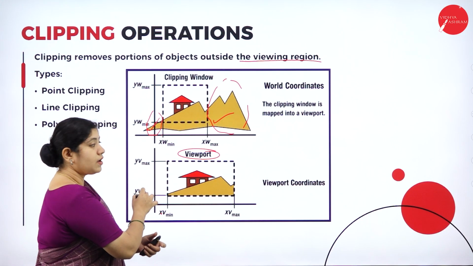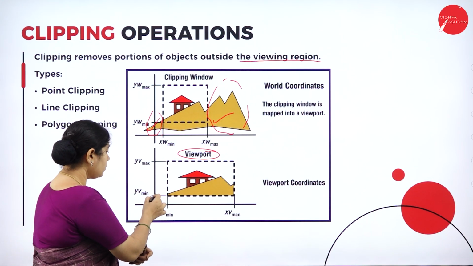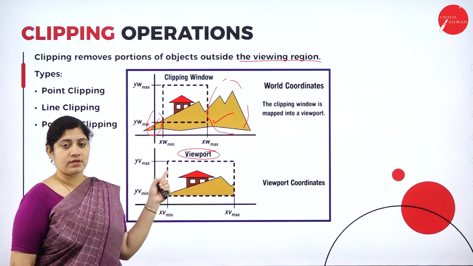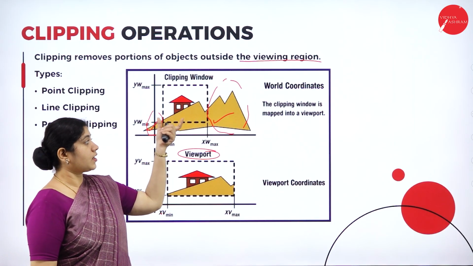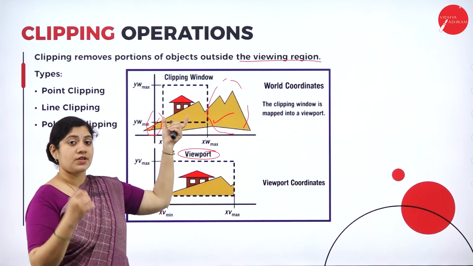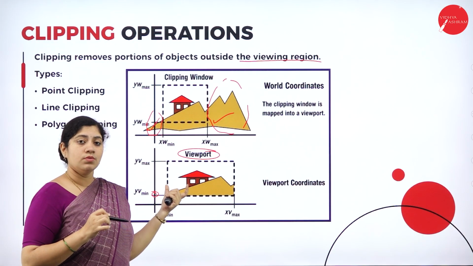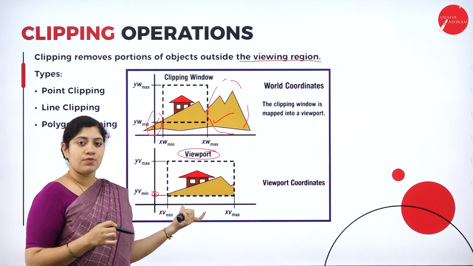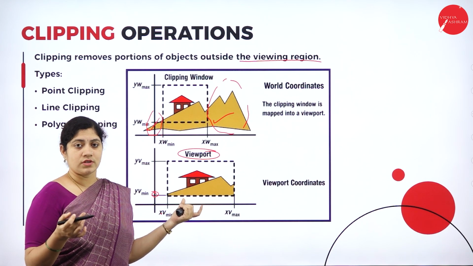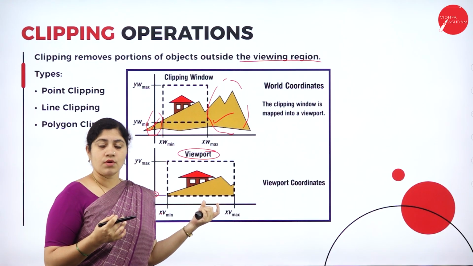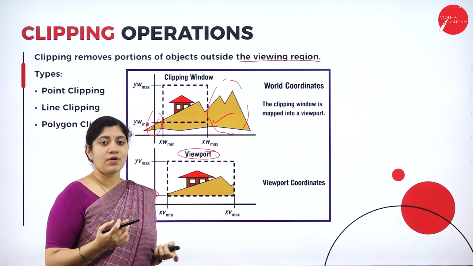Similarly, y viewport minimum and y viewport maximum. So these are the points. So we are converting an object that is present in a window to a simple viewport and making it clear to the observer. And what is the technique that we have followed? It is none other than the clipping operation.